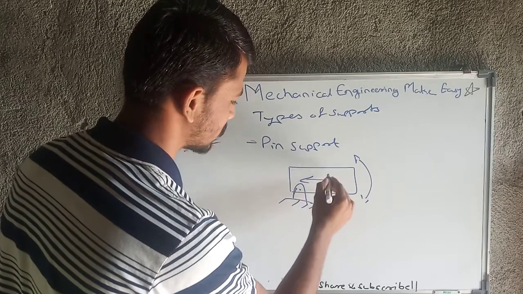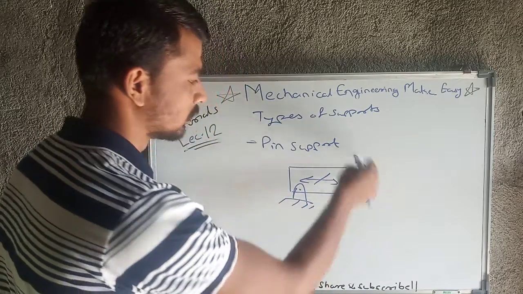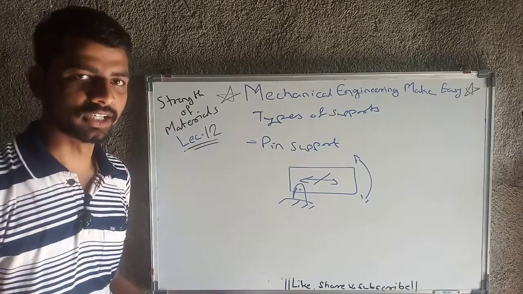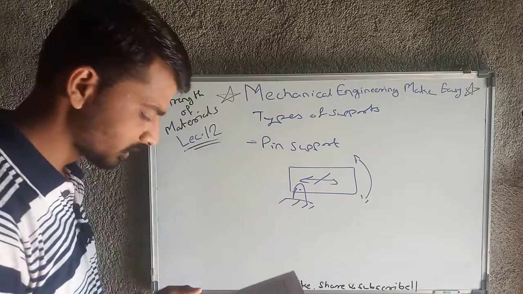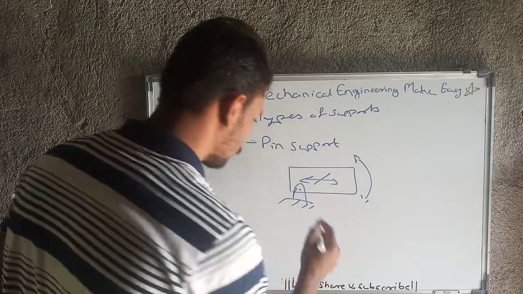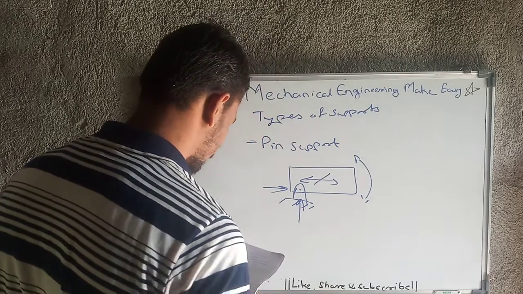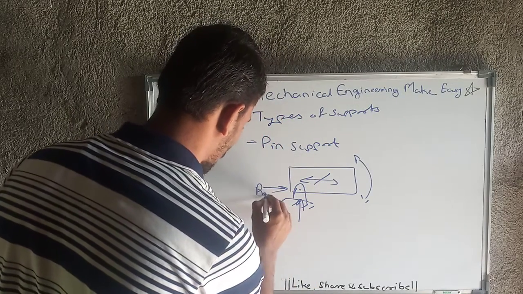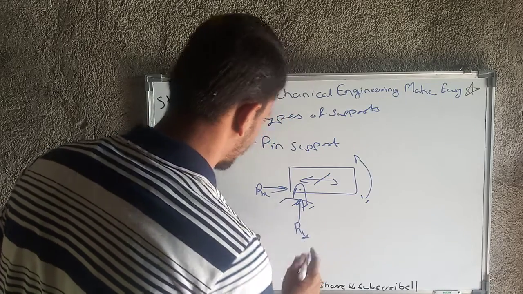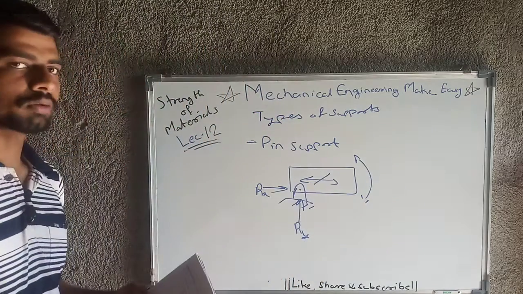Movement in this direction is not permitted, but rotation is permitted here. This is nothing but hinge or pin support. So the reactions will be in these two directions, that is Rx and Ry. This is for hinge or pin support.